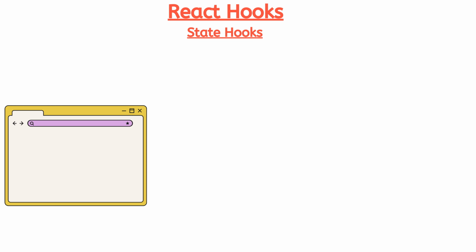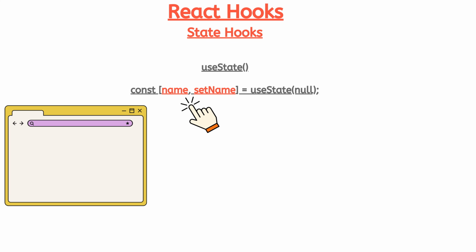State hooks are useState and useReducer. State means holding some data within it. If you use useState, it will hold a specific single value, multiple values, or an array of values. In this example, if you want to hold a single value, which is name, you can say const name, and the setter method to set the name, setName, with useState where the initial value is null.